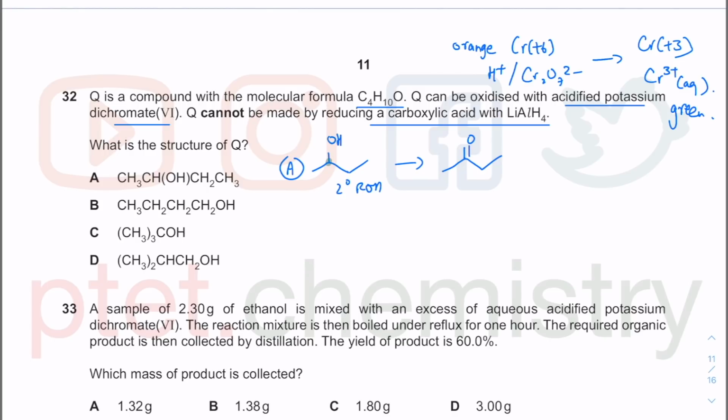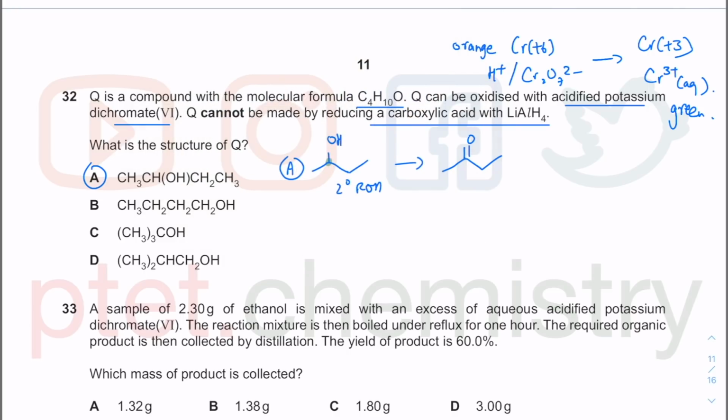The carbon with the OH is bonded to two other carbons. But Q cannot be made by reducing carboxylic acid. Carboxylic acid with LiAlH4 will give the primary alcohol, so you cannot get this. So A must be the correct answer there. Because carboxylic acid with that reducing agent, lithium aluminum hydride, will give you primary alcohol and can never give you secondary alcohol. That's why that's the correct answer.